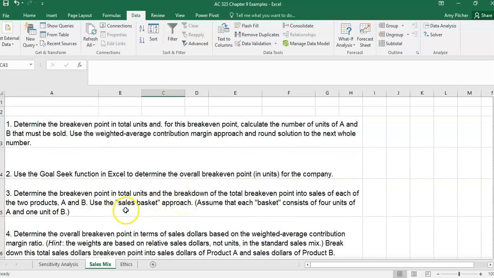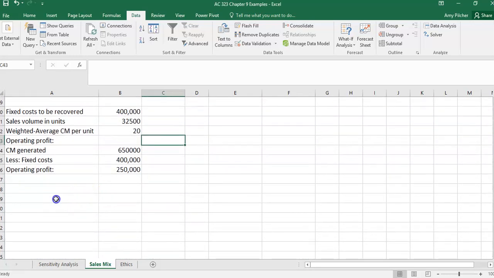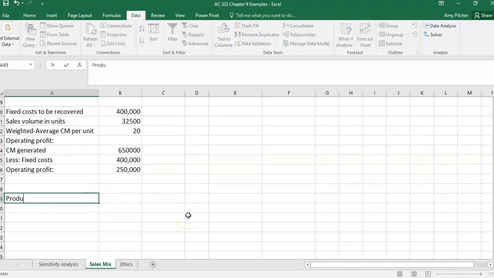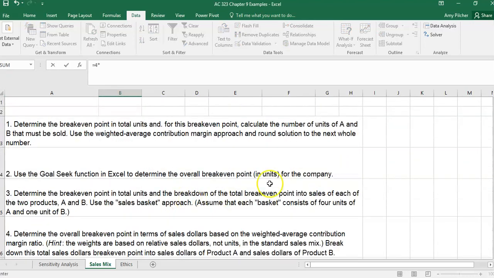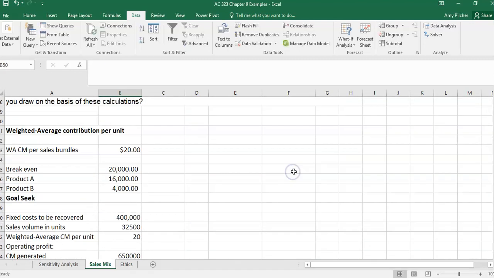Question 3 says, determine the break-even point in total units and the break-even point in sales of each of the two products using the sales basket approach. Assume that each basket consists of 4 units of A and 1 unit of B. So for our sales basket of 4 units of A and 1 unit of B, we have a contribution margin of 4 times the contribution margin of A of 15.